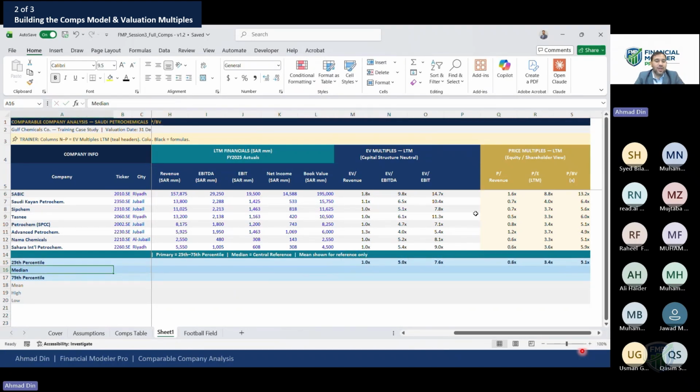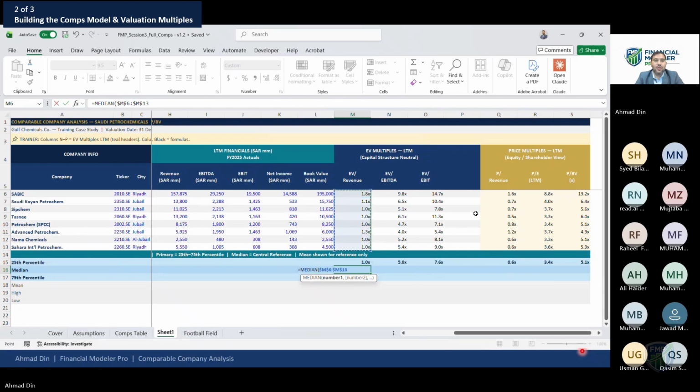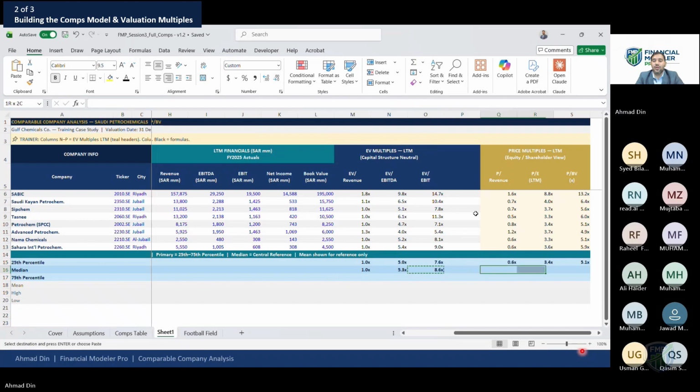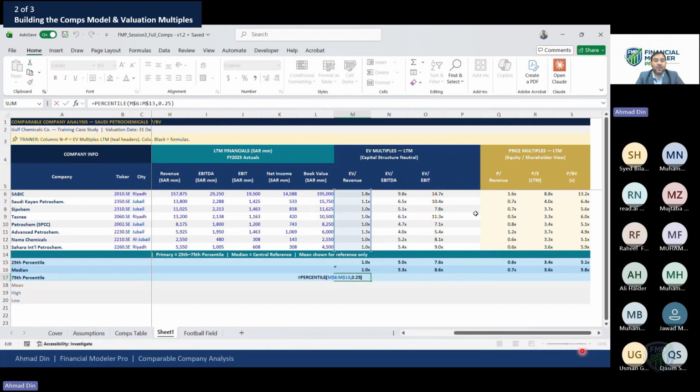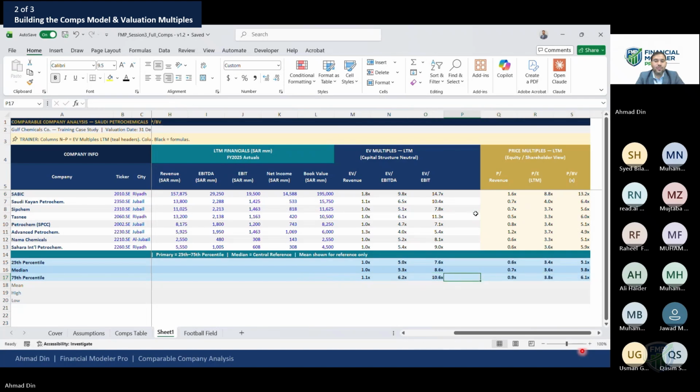Then for the median, we will calculate the median, the same for all companies. Then here we need to use the 75th percentile. Okay, so we get the 75th percentile.